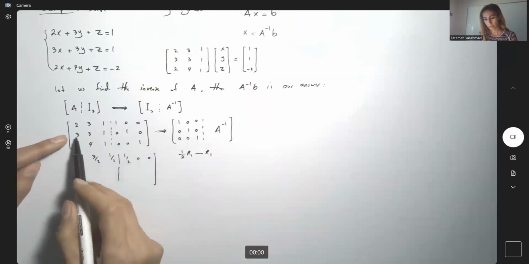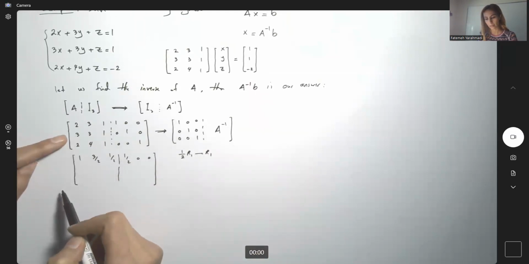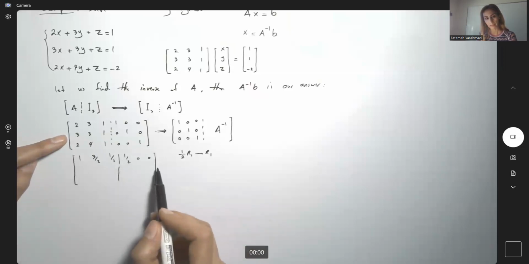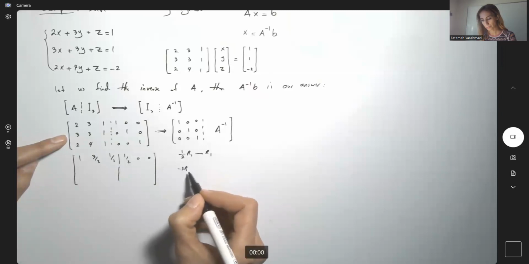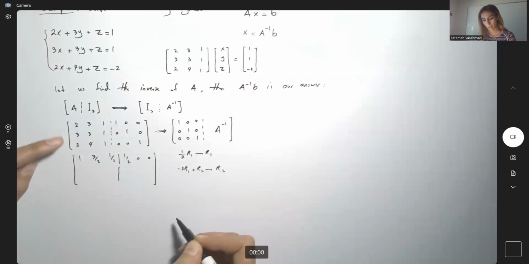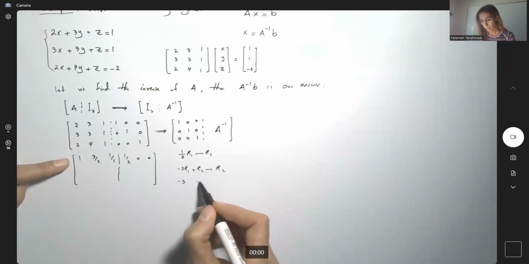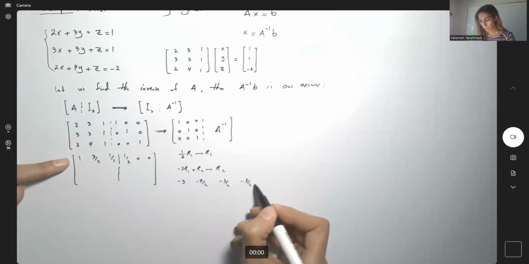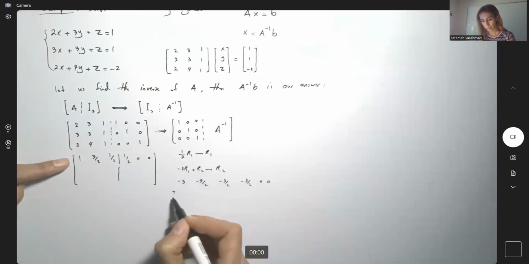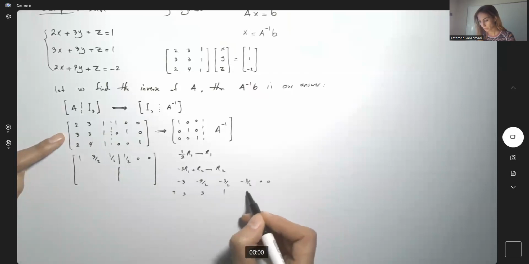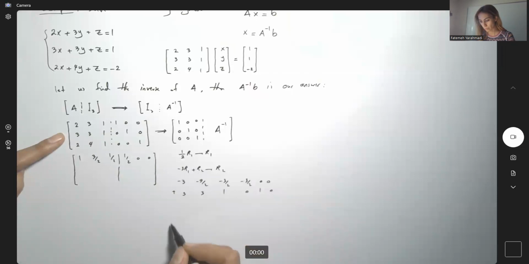Very good. Below 1, we must have 0 and 0. So I'm going to multiply the first row by -3 and add it to the second row. This becomes my new second row. So I have -3, -9/2, -3 halves, -3 halves, 0 and 0. I'm going to add that to the second row, which is 3, 3, 1, 0, 1, and 0. So this becomes 0.